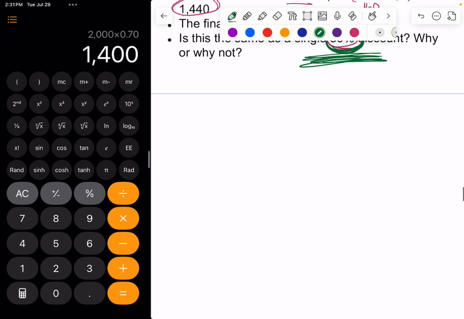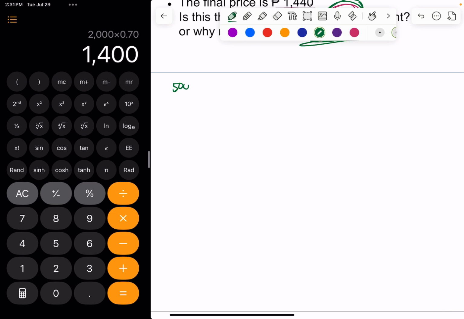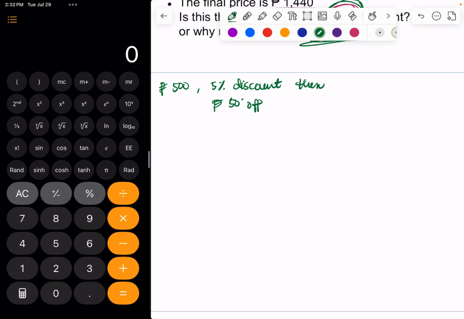For example, you got 500 pesos with 5% discount, then 50 pesos off. Unsaon man na siya? As I've said, you start with unsay una gihatag, paingon sa ikaduha nga gihatag. So you apply first 5%.